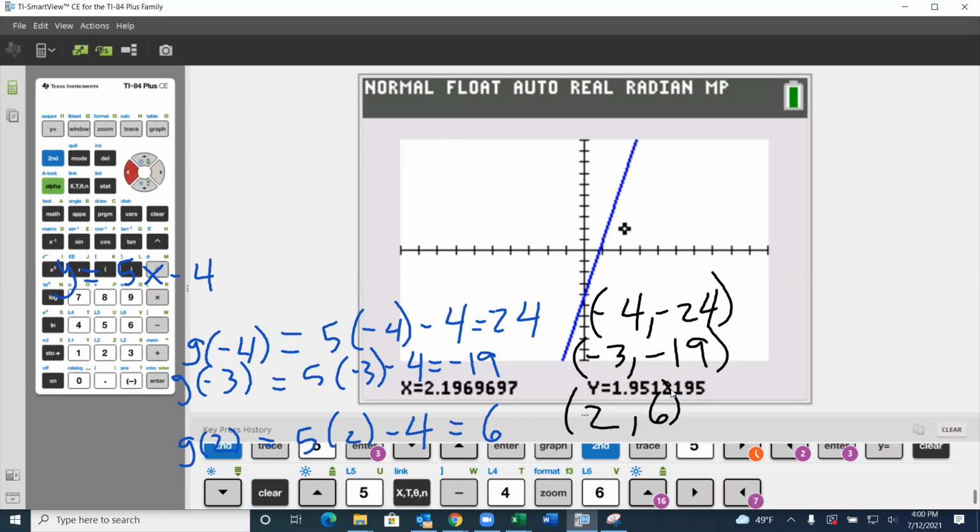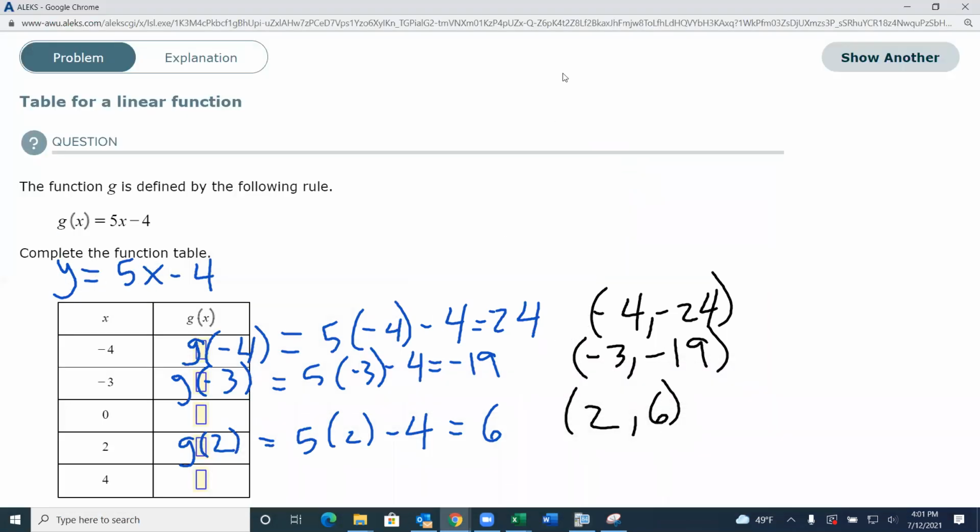Okay, so I'm looking down here, looking for when I have about 2 for my x value. That's good. And if I go up to the line, it should be about 6. Again, it's not perfectly accurate, but that's okay for this example. Okay, and I'm on the line, so when x is about 2, y is about 6, suggesting that 2, 6 is a point on the line. And that's all you do.